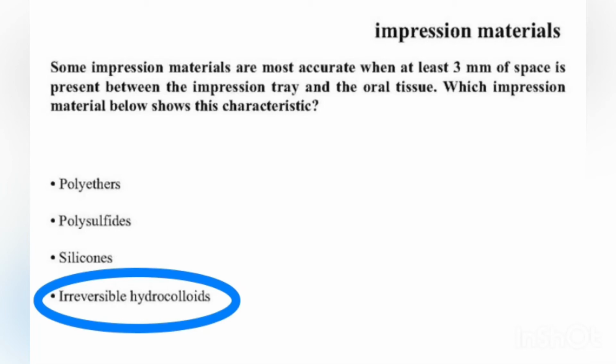And we have to remember that alginate impression is most accurate when at least 3 mm of space exists between the impression tray and tissue, and the other impression materials are more accurate when a small but definite space exists between the impression tray and tissue.